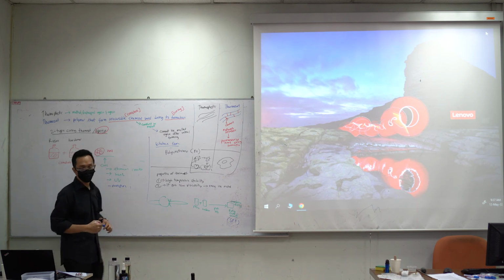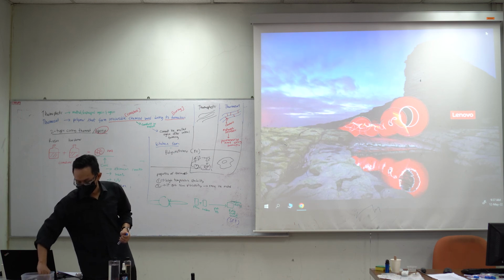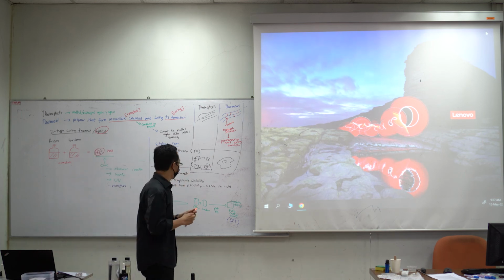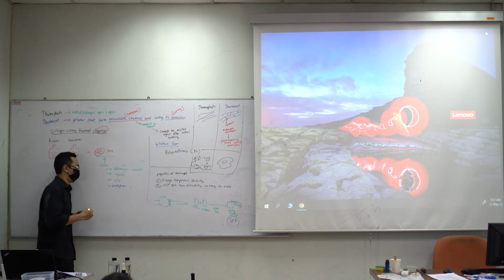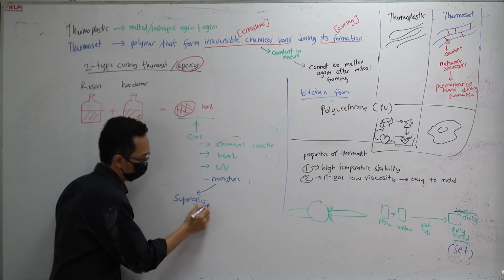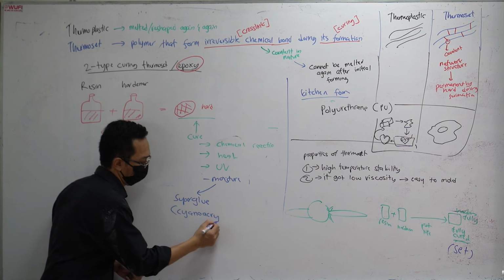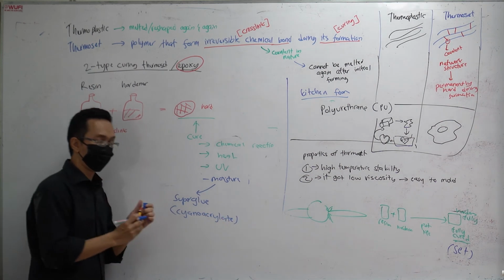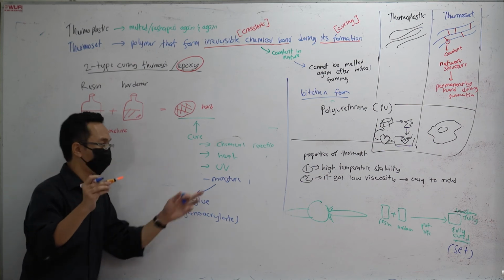Example for this is your gum gajah, the super glue. The super glue is basically an epoxy. We don't call it epoxy, it's super glue. Super glue is basically made from cyanoacrylate. So this thing is also set or cured, but this cure is based on the moisture.